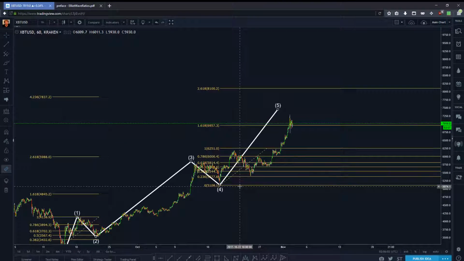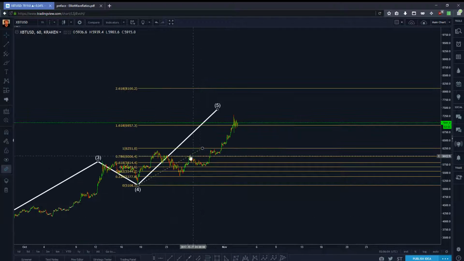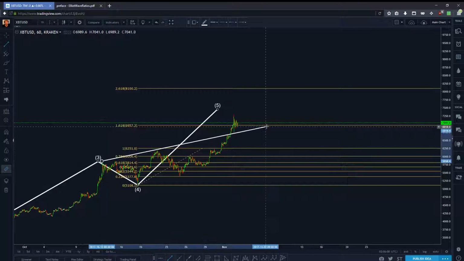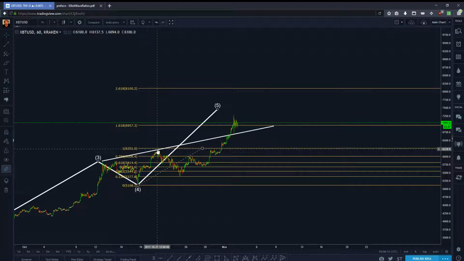For example, this one is a very common one. It's very easily spotted. We have a high here, and we see interaction below the line here, and we shot above, bounced off of it here, kind of thing. So that's a very common one.